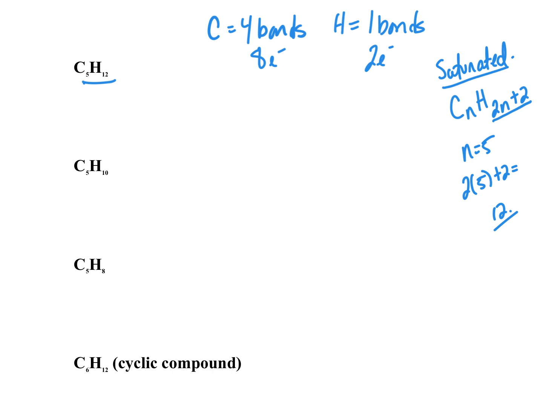So if we're trying to look at C5H12, you're going to have the most hydrogens you can possibly have. So let's try by putting 5 carbons in a row.